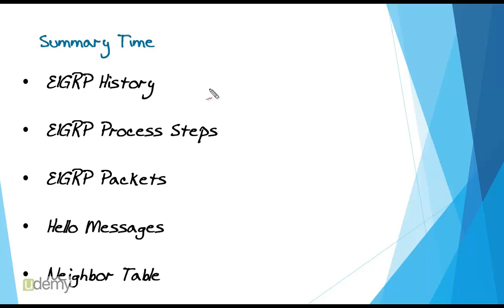Now it's summary time. In this lecture, we saw that EIGRP was introduced in the 1990s and became a standard in 2013. The EIGRP process includes 3 steps: neighbor discovery, topology exchange, and choosing routes. We saw that EIGRP has 5 basic messages: hello, update, request, reply, and acknowledge.